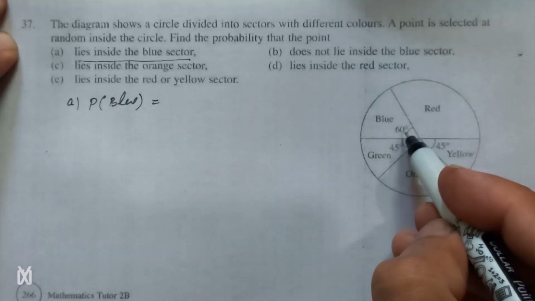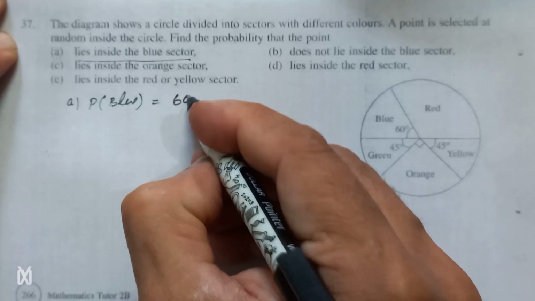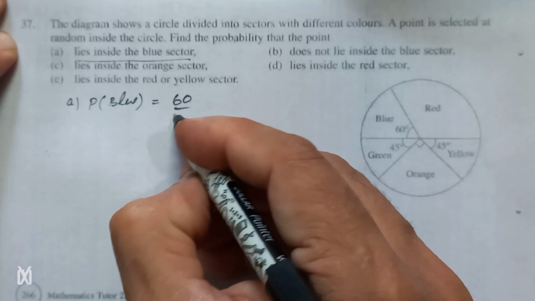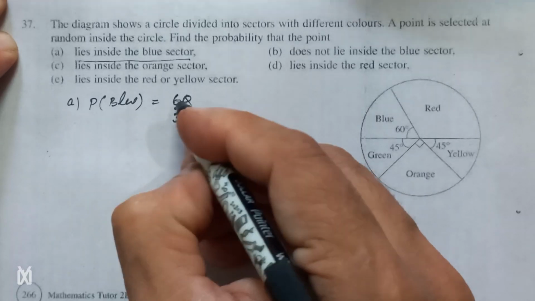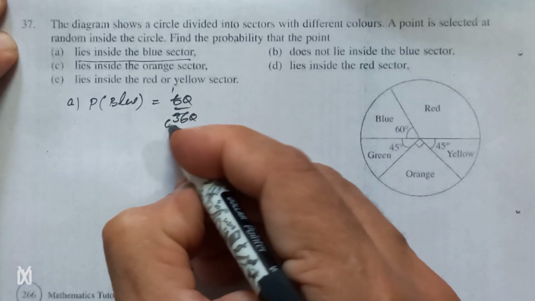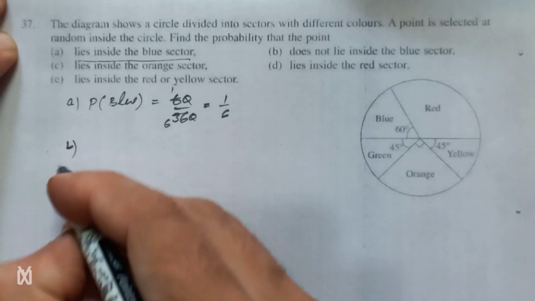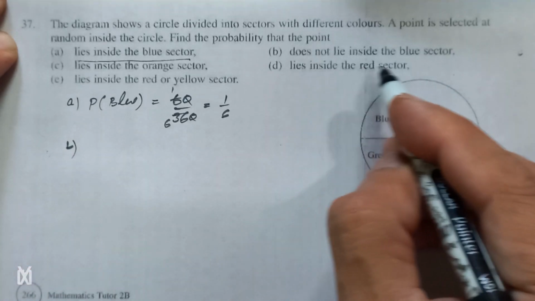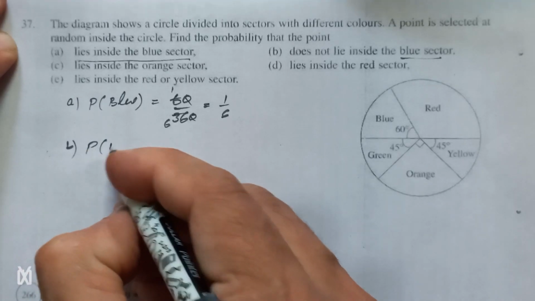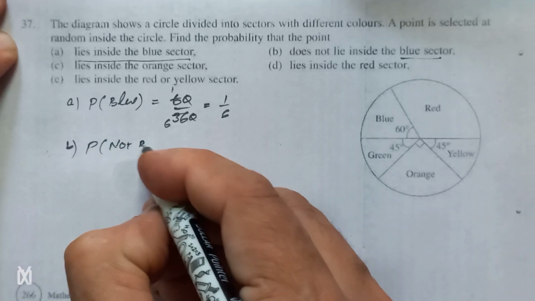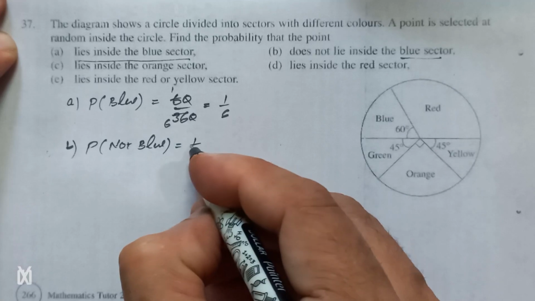A part, probability of blue sector. Here is blue, whose angle is 60 degrees. It means 60 is favorable over 360 degrees total. After cancellation, you will get the answer of 1 by 6. B part, does not lie inside the blue sector. This is easy, not blue. Just subtract the answer of blue from 1.